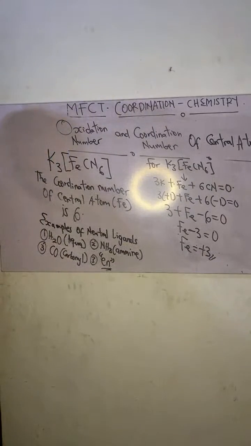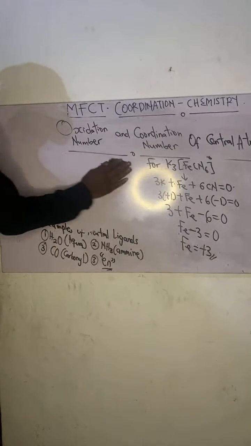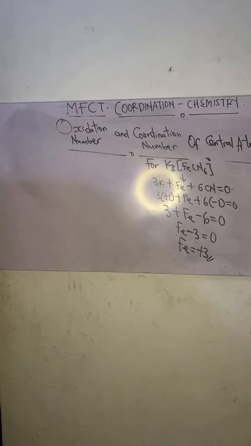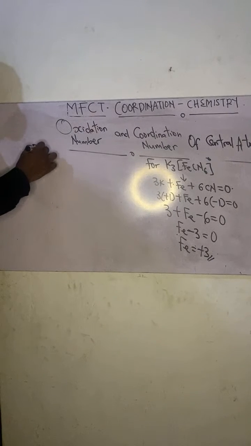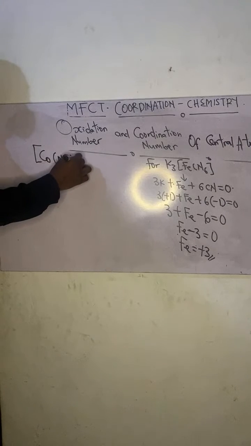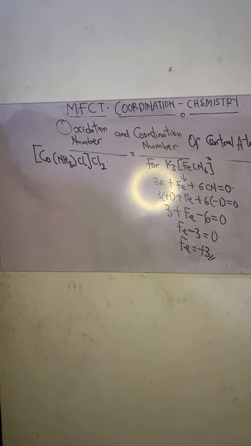So this simply means that the oxidation number of Fe in this coordination compound is plus 3. Okay, let's look at another example. Now, let's look at this particular compound, [Co(NH3)Cl]Cl2.